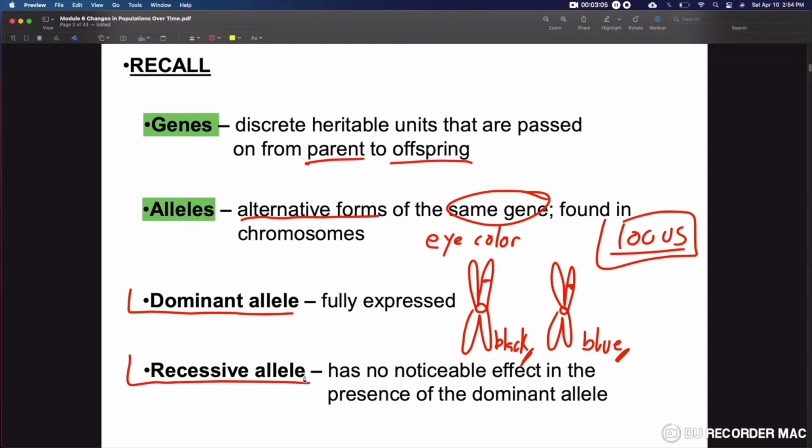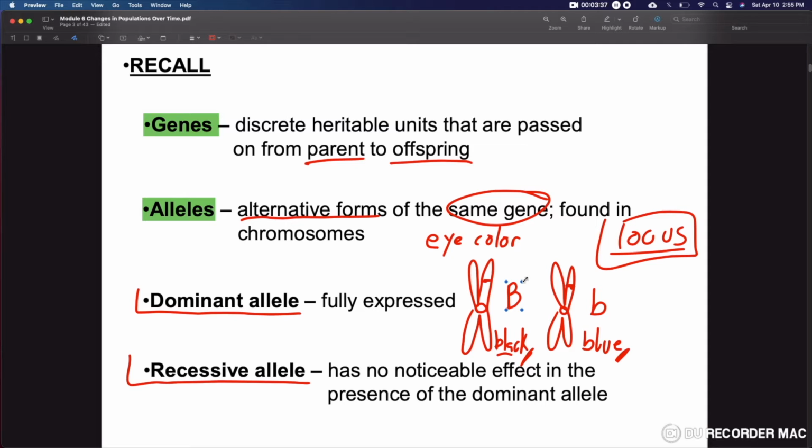When we say the dominant allele, this is fully expressed even if you have just one copy of that allelic form. So, say for example, in this case, this black eye color, let's name it allele big B, and for the blue, let's name this small b, the allelic form for your blue eye color.